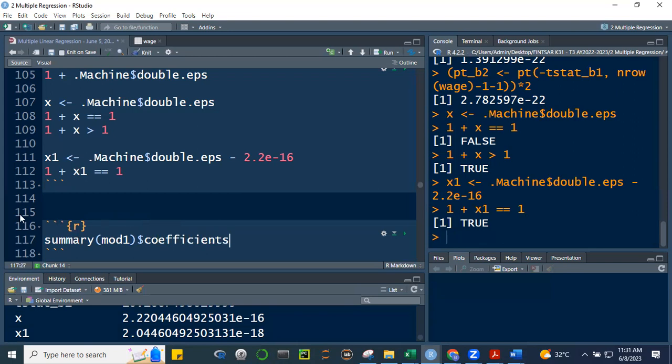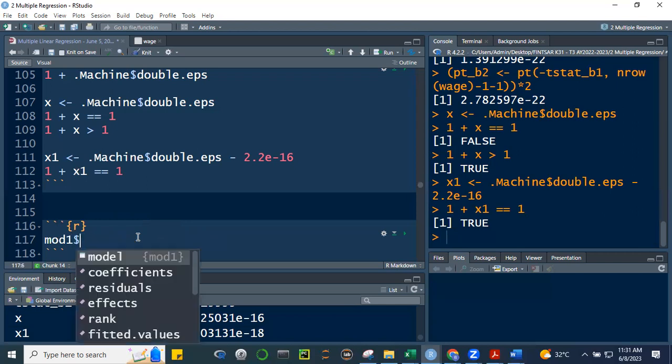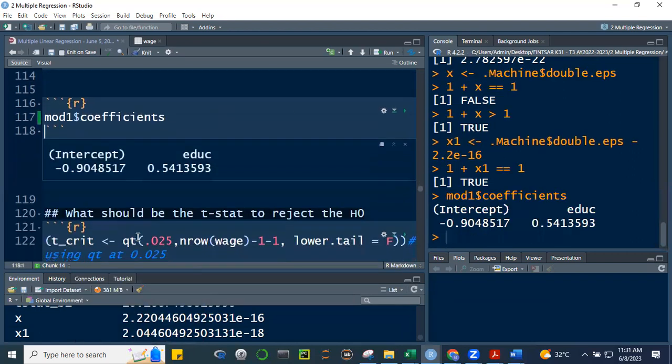Coefficients. Let me do this. If I just get mod 1 with the dollar sign, it's a list. So if I get the coefficients, it will just give us the two: intercept and education.